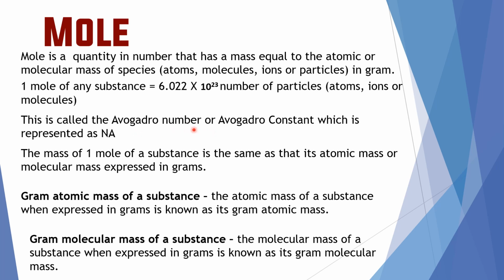That is a constant. This Avogadro number is named in honor of the Italian scientist Amedeo Avogadro. In honor of that scientist, we gave that constant the name Avogadro constant. It is very, very important. Avogadro constant is 6.022 into 10 power 23.